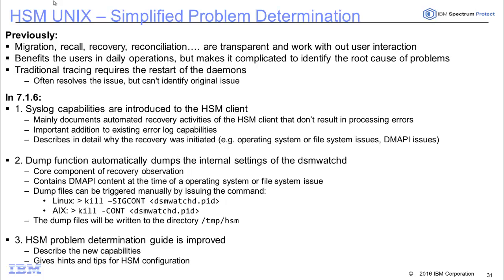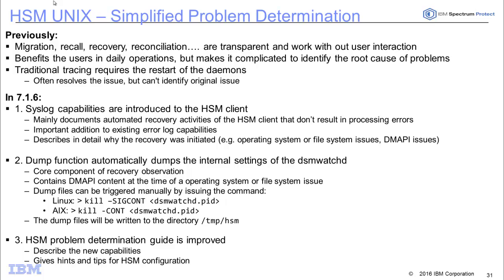Well, starting in version 7.1.6 of the HSM for Unix client, we've introduced 3 pieces to address that. The first is that syslogs are introduced to the HSM client. So the syslogs will mainly document the automated recovery activities of the HSM client.